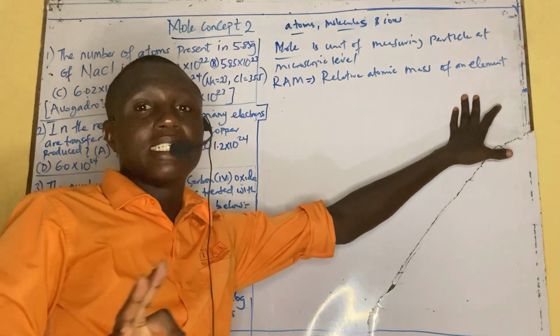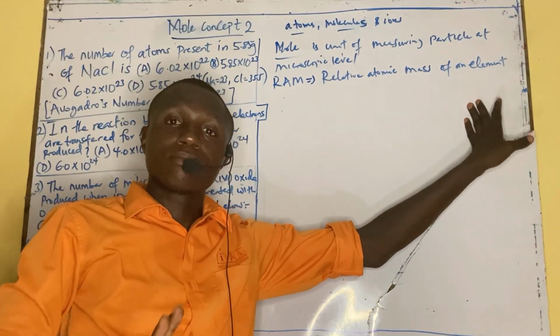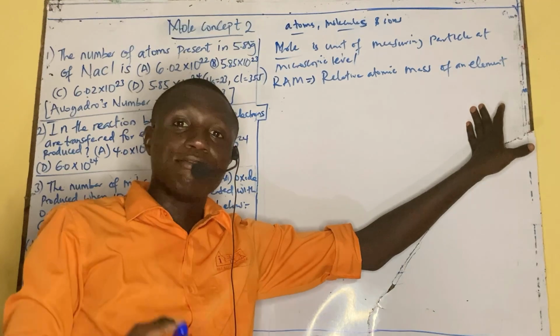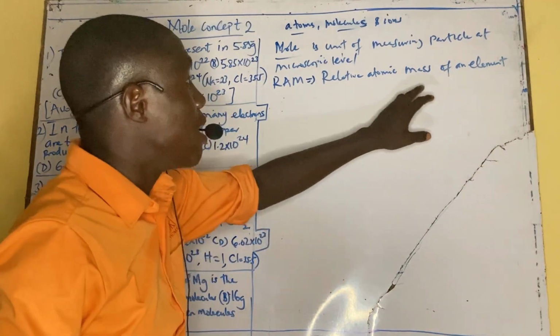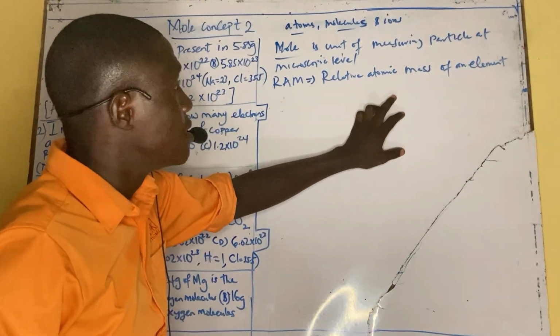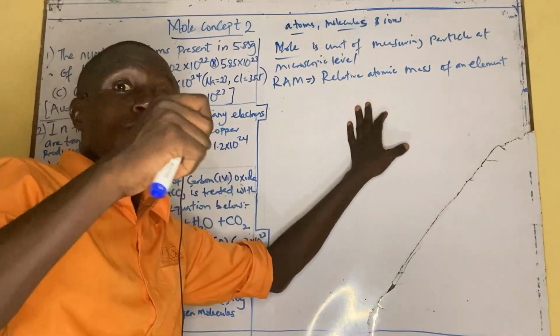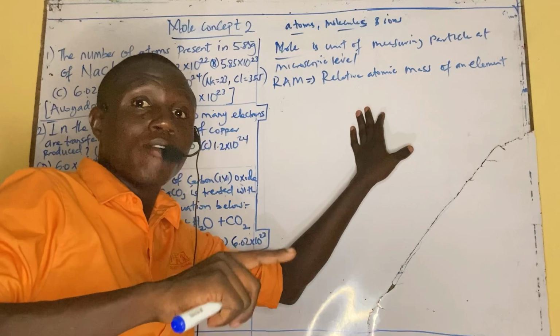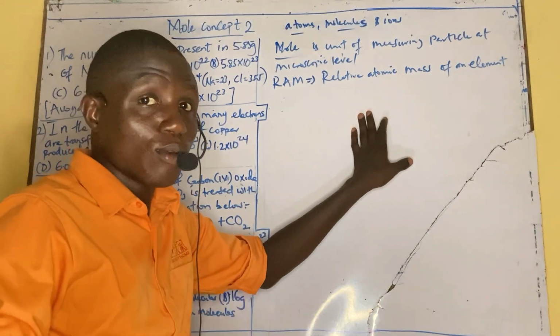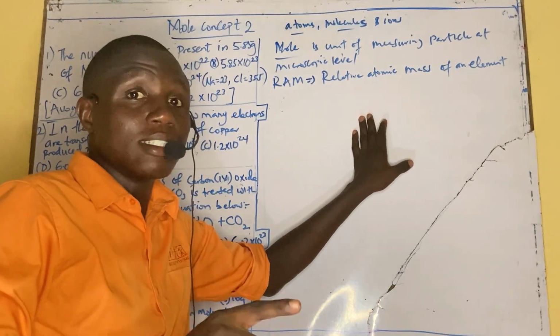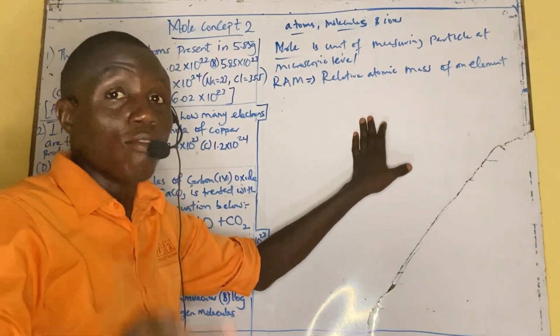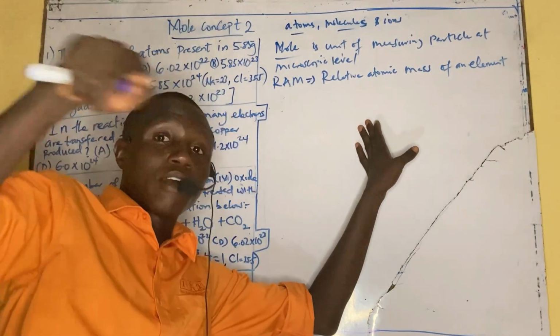And mathematically, it is defined as the number of times the average mass of an atom of an element is heavier than 1/12 of the mass of one atom of carbon-12.